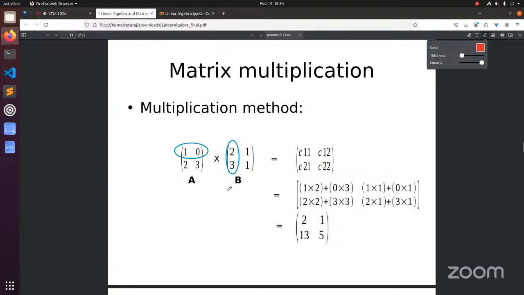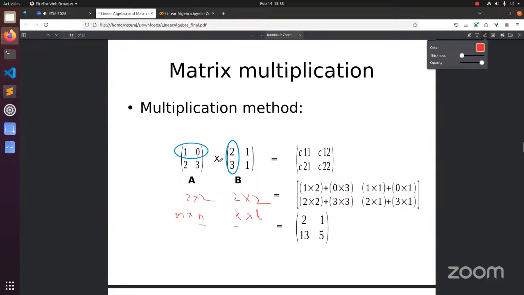B is also 2 cross 2. So this is M cross N, and this is K cross L. You can see N and K are equal to 2, right? So matrix multiplication is possible. Is everyone with me? Yes, sir. Okay, so now how do you multiply?